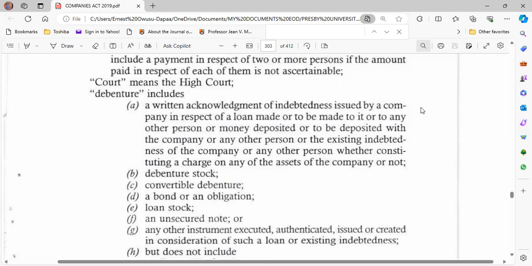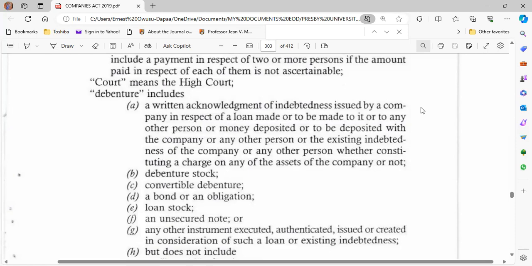So if you look at the latter part of A, whether constituting a charge on any of the assets of the company or not. So the debts the company owes you may be secured, in which the company has provided the security to assure you that should the company default, you have something to fall on in order to get your money. So let's keep that in mind.